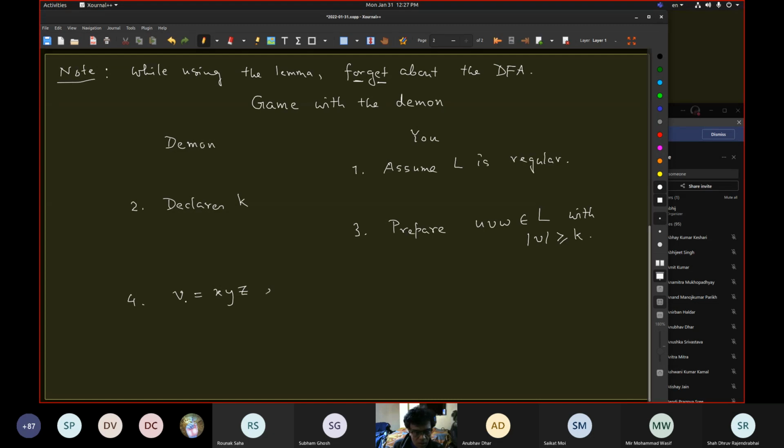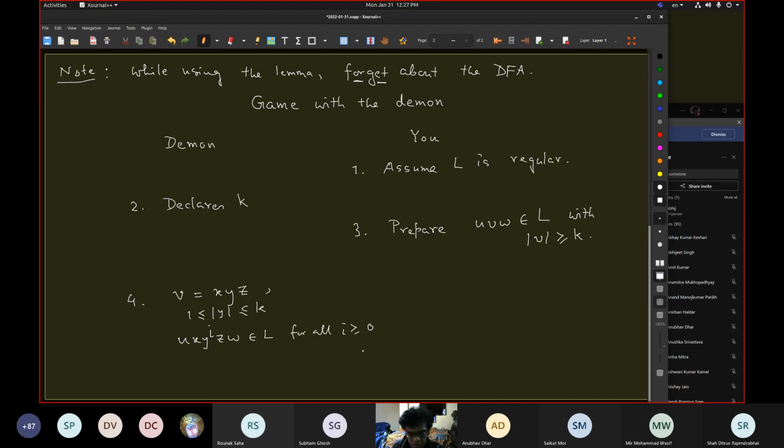That is, Y is non-empty, but no longer than k, and U X Y^i Z W must be in L for all i greater than or equal to 0. So once again note that the daemon gives you the decomposition X, Y, Z. You have no control over X, Y, and Z. The only guarantee that the daemon gives you are these three conditions: Y is non-empty, no longer than k in length, and this.